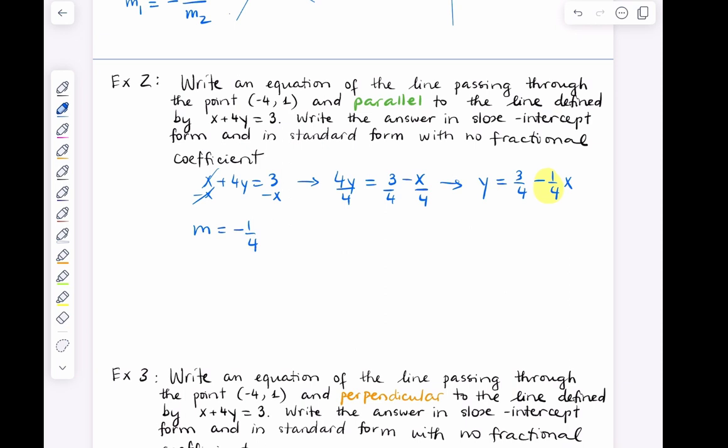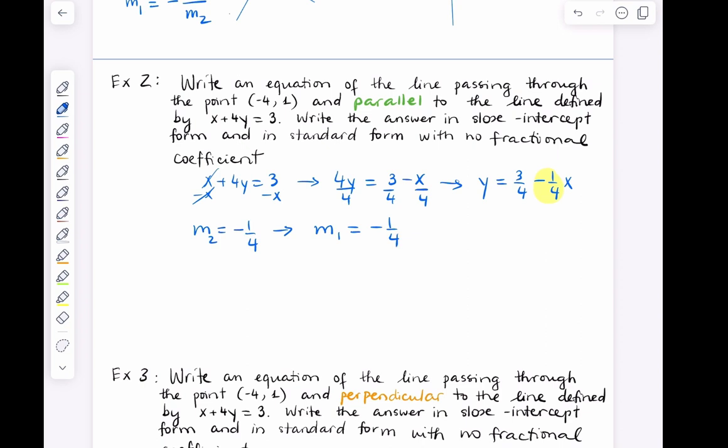Now let's call this the second line. We know that the line that we're looking for is parallel to this second line, and we learned that two lines that are parallel to each other will have the same slope. So the slope of the first line must also be -1/4.